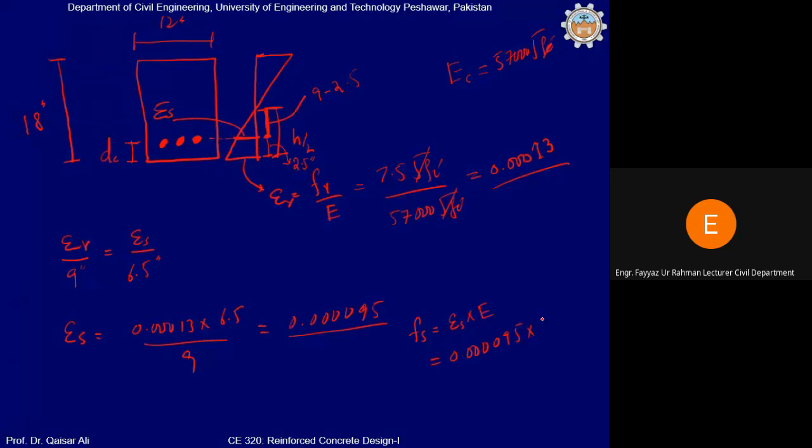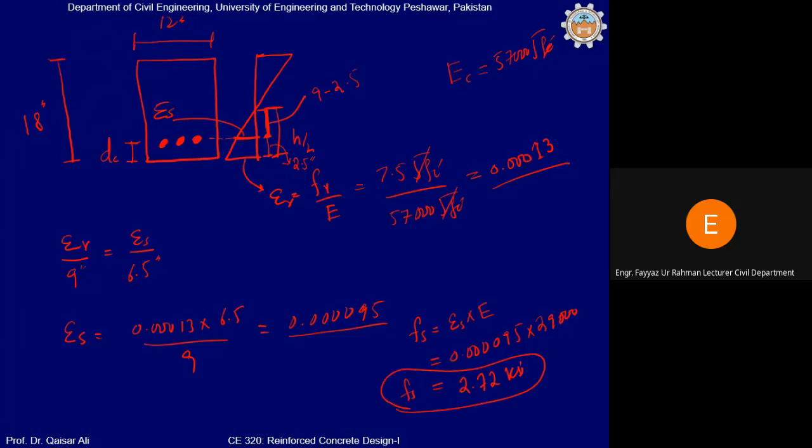What is the value of elastic modulus for steel? What is the elastic modulus of steel bar? Sir, 29,000. 29,000. So what is the value of Fs? 2.72 KSI. This is the stress in the reinforcing bar.